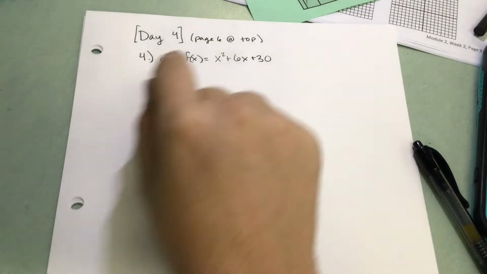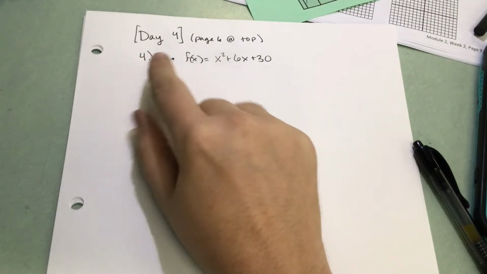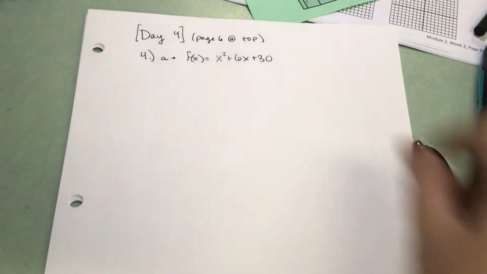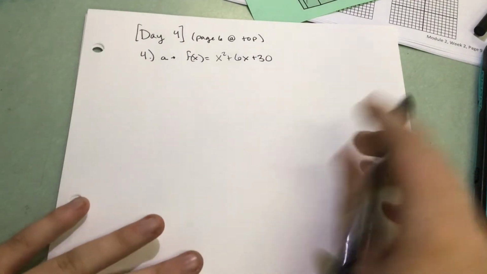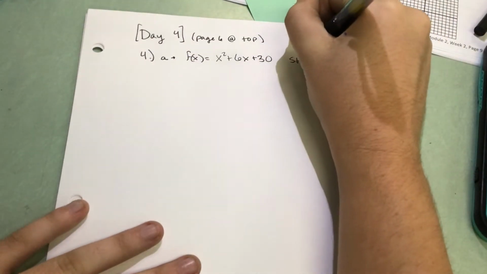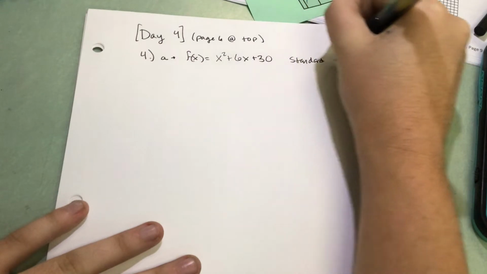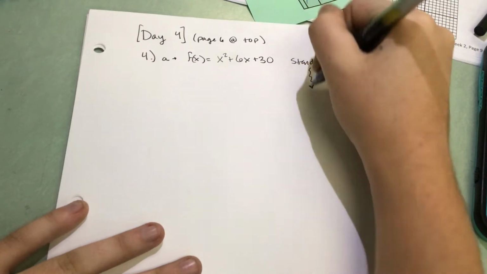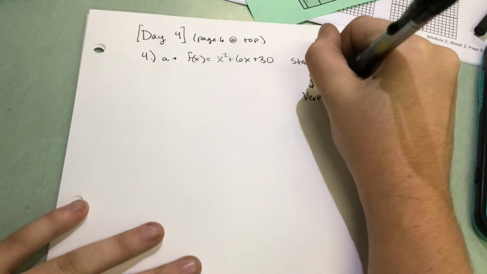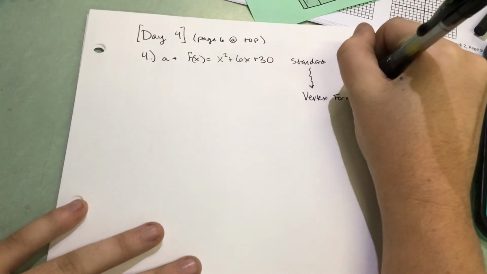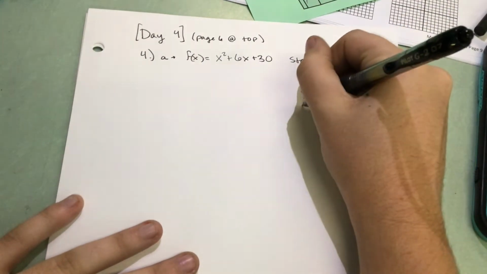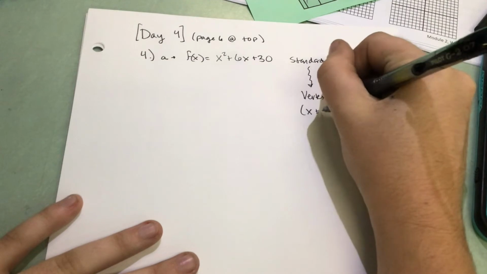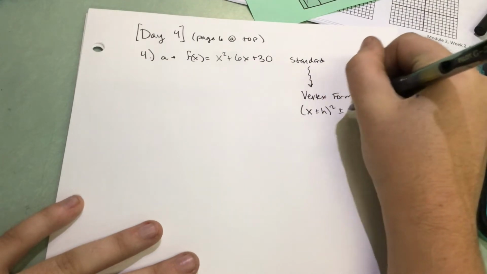All right, so this is in the packet, question 4A on page 6. They want us to go from standard form into vertex form. In vertex form, we want it to look like this: x plus or minus h squared plus or minus k.